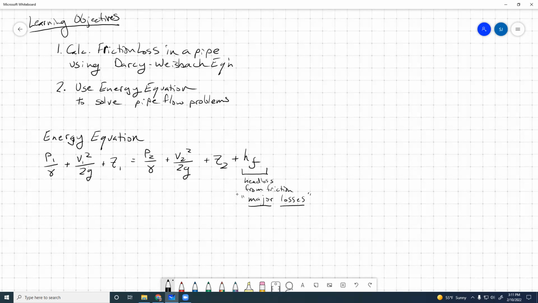So let's do a quick energy equation example, then we'll get back into head loss. This is example 3.3 in your book. We've got a 25 centimeter diameter horizontal pipe. The flow rate is 0.16 cubic meters per second.